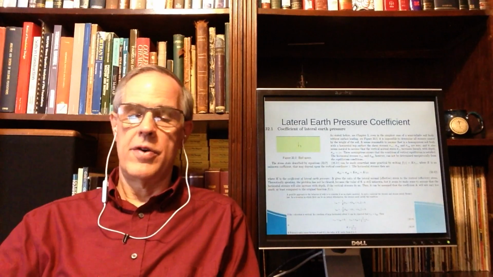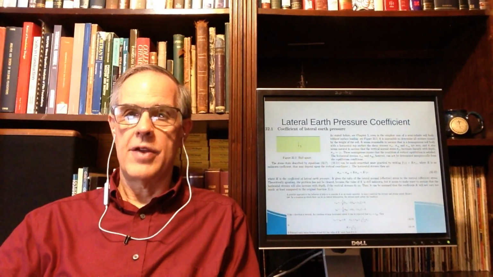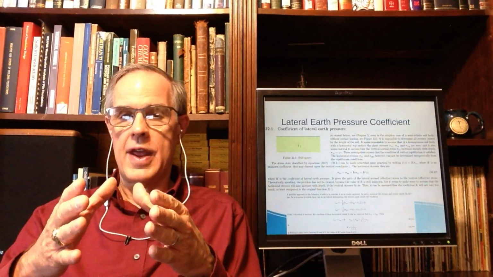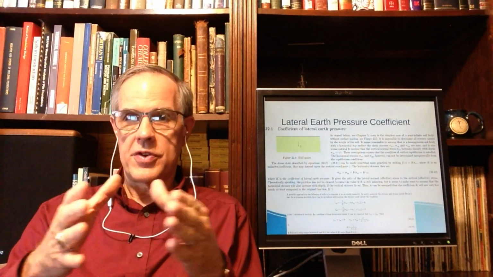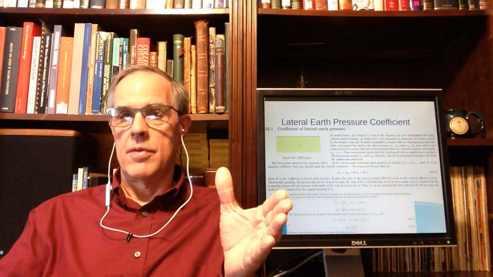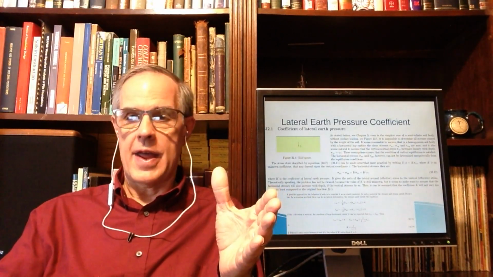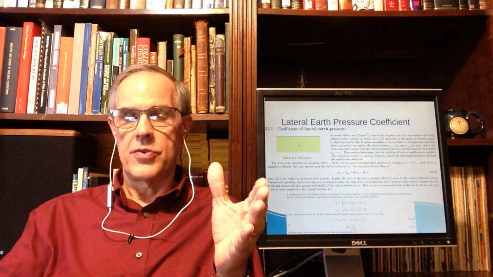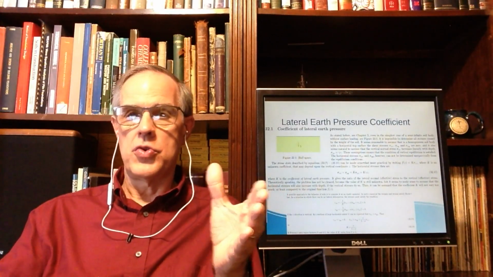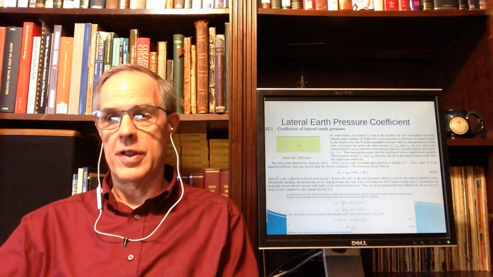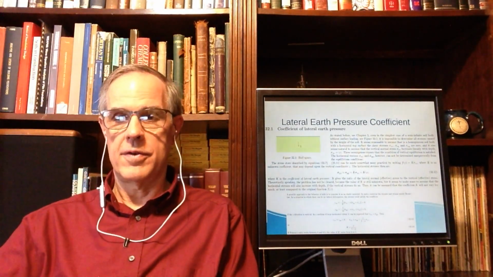That in turn, as is the case with most solids, produces a stress laterally. The ratio of that lateral earth pressure to the vertical earth pressure is called the lateral earth pressure coefficient.